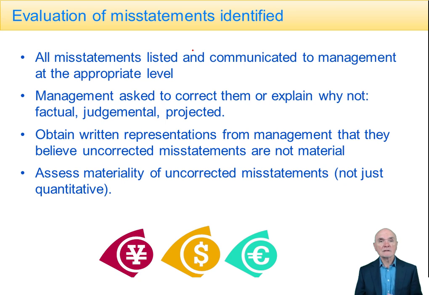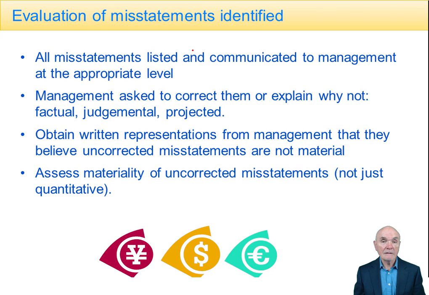And then you have errors which are called judgmental errors. This is where management and auditors have a difference of opinion. The auditor thinks that the amount is misstated, but directors claim that it's right. Sometimes as an auditor you might think that directors are just trying it on.